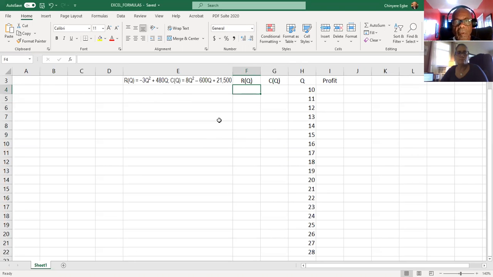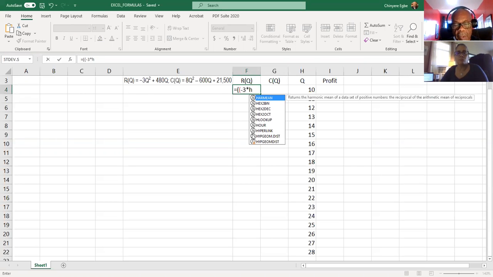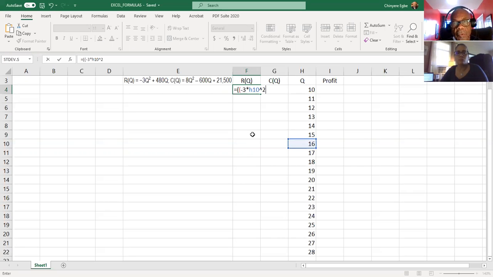So here you go, equals minus 3 times Q, which is in location H10, to the power 2.